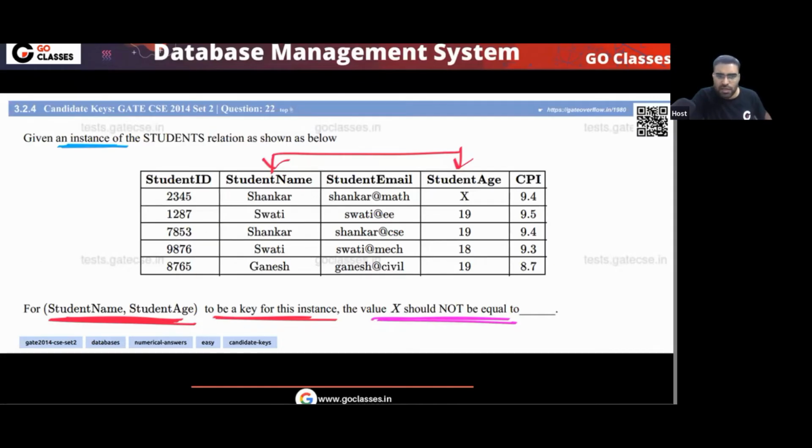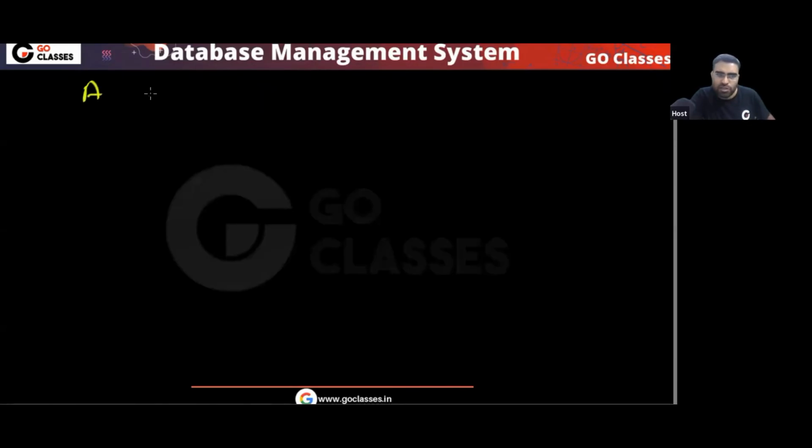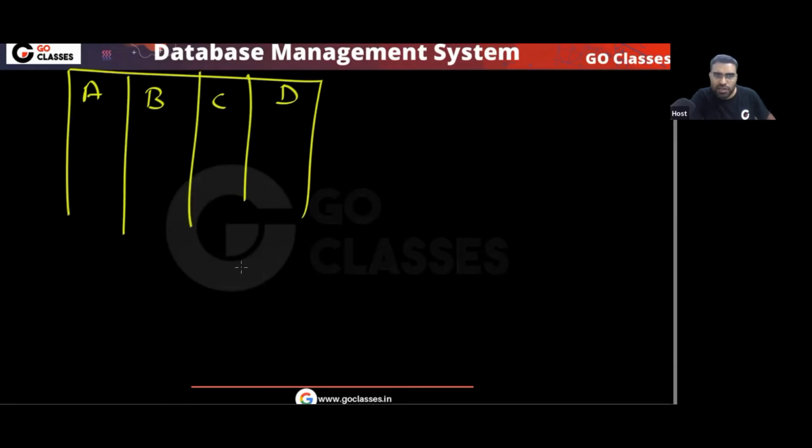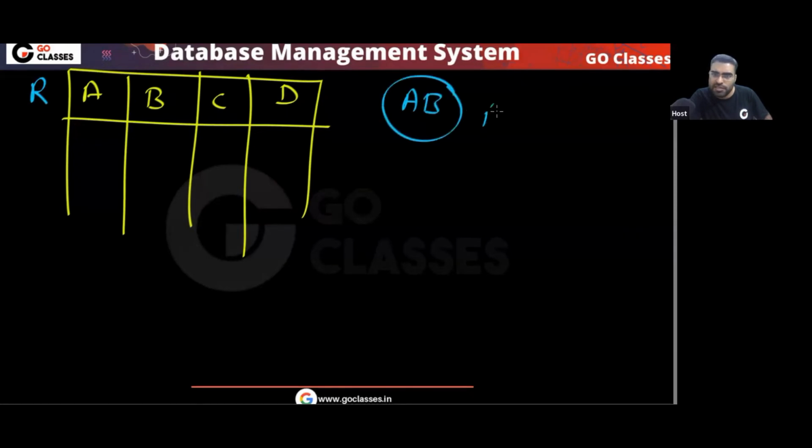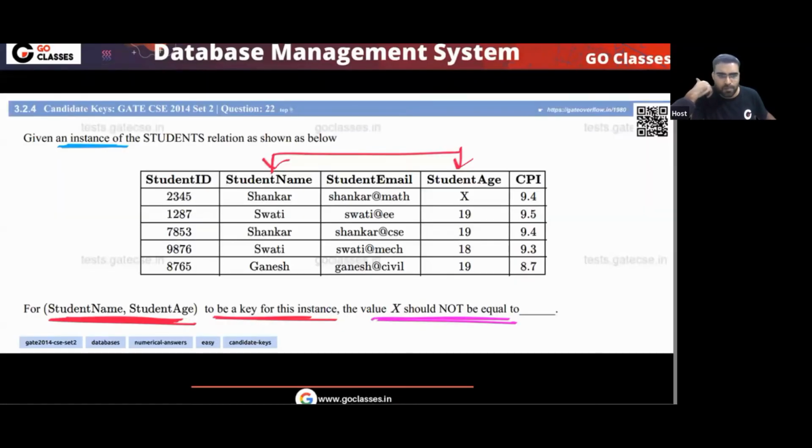Tell me one thing. If you have a table with attributes A, B, C, D, and I tell you that AB is a key, then what does that mean? Whatever key you take, candidate key or super key, by default, key means candidate key.